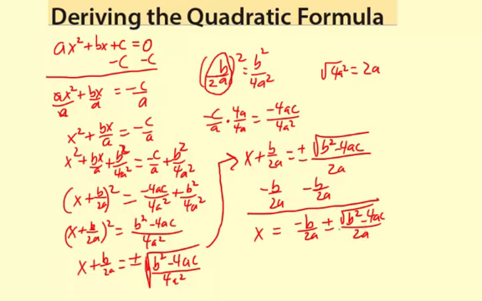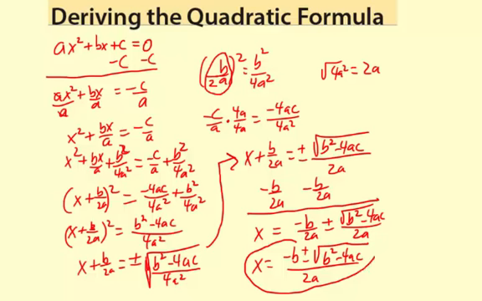And the last final step, since we have a common denominator, we're just going to add this together. x equals negative b plus or minus square root of b squared minus 4ac, all over 2a. And that, ladies and gentlemen, is how you derive the quadratic formula.